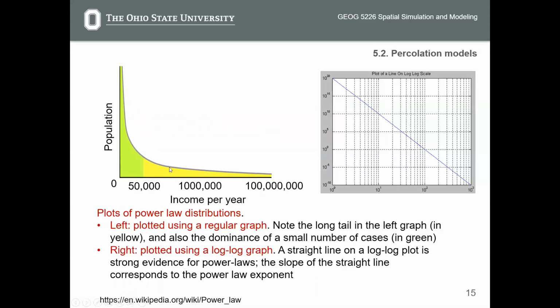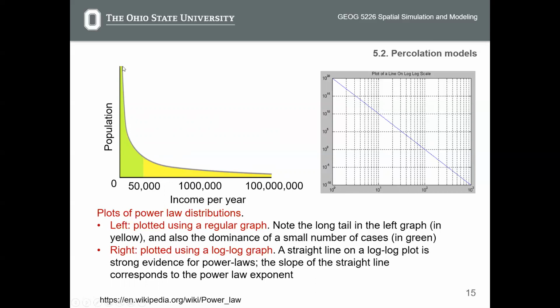As annual income increases, fewer and fewer people are at that value, right? If it is 100 million as annual income, not a lot of people have that annual income, right?